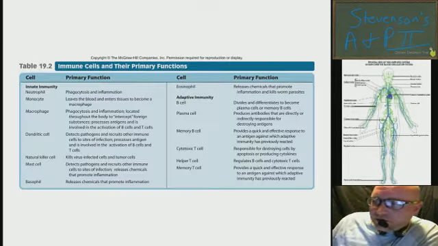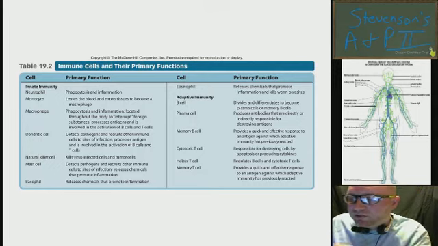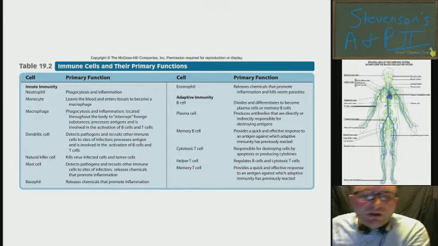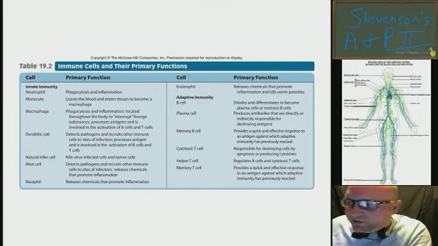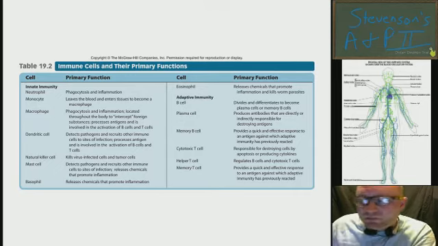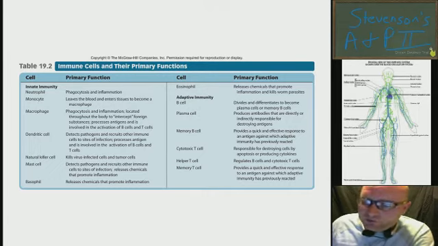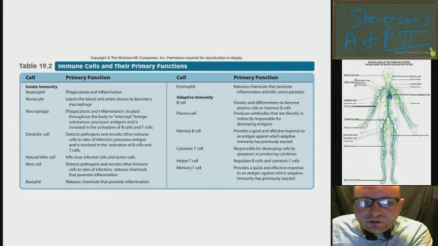So here we see the immune cells and some of their functions. We got the neutrophils that we talked about, monocytes, macrophages, dendritic cells, natural killer cells, the mast cells, the basophils, the eosinophils, and those found in the adaptive immunity. Remember, those mentioned before are part of the innate immunity: neutrophils, monocytes, macrophages, dendritic cells, natural killer cells, mast cells, basophils, and your eosinophils.